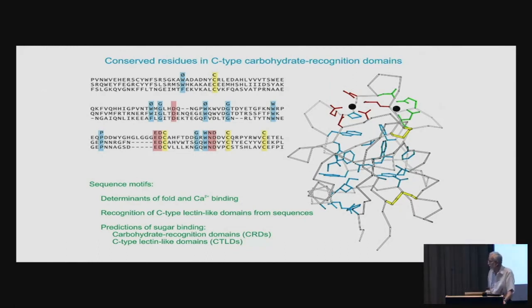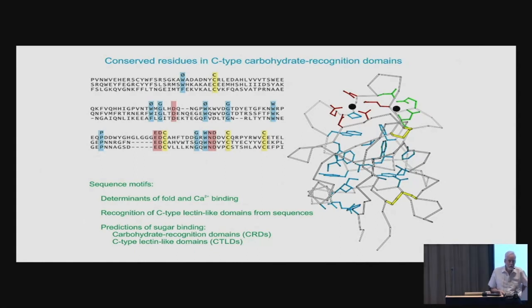Now that's done completely automated; the Protein Data Bank does it automatically when anybody deposits a sequence and says, oh, that looks like a C-type carbohydrate recognition domain. So we can recognize them from the sequences and potentially start to make predictions.